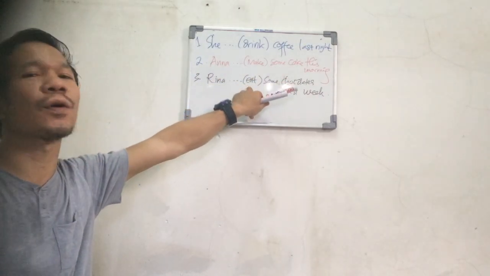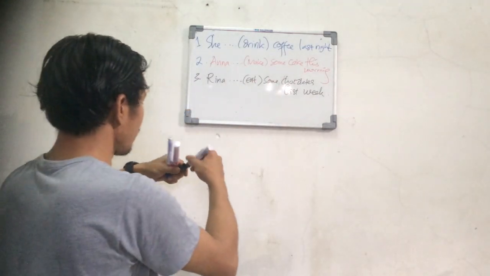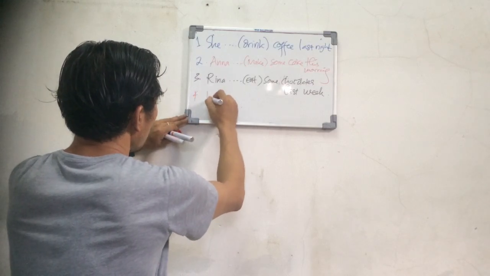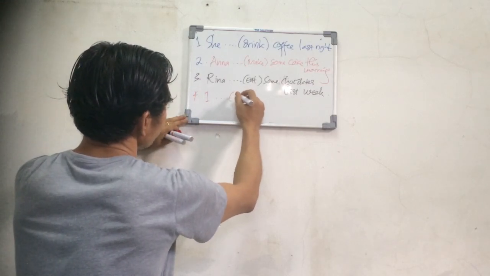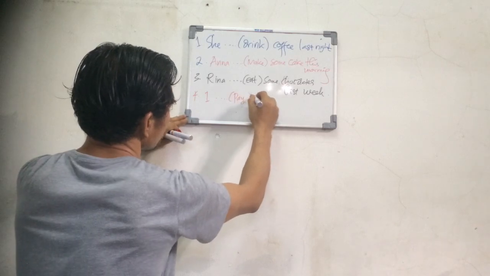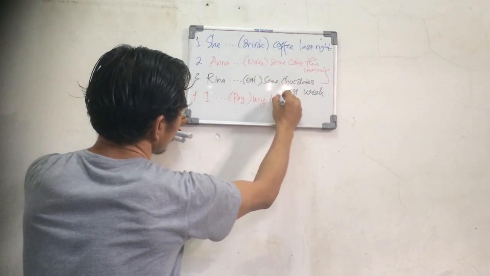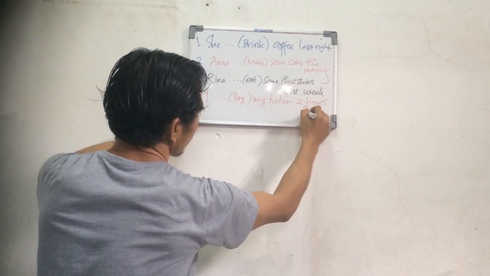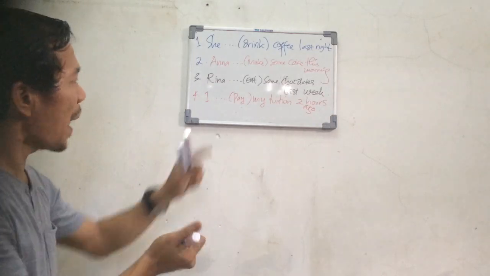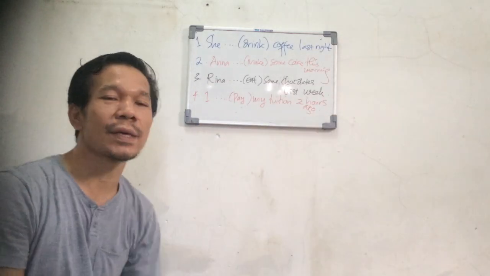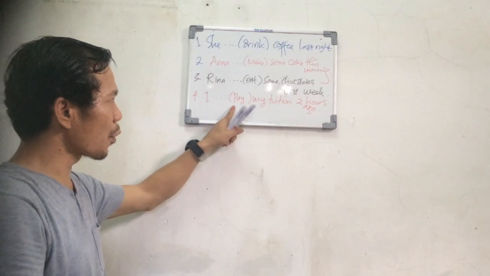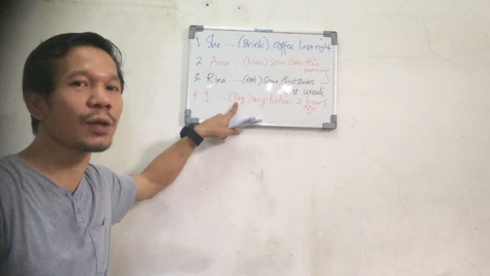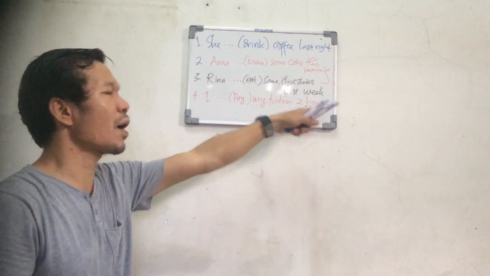This is also an irregular verb. Number 4: I blank my tuition 2 hours ago. In bracket pay, so you have to change this into verb 2. This is also an irregular verb.